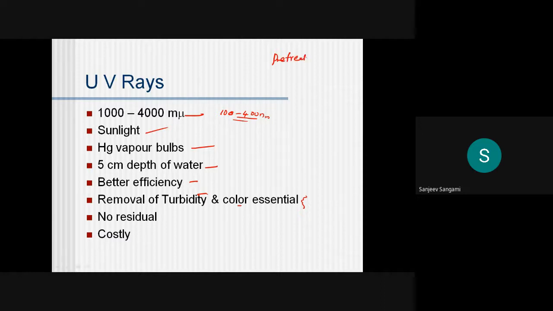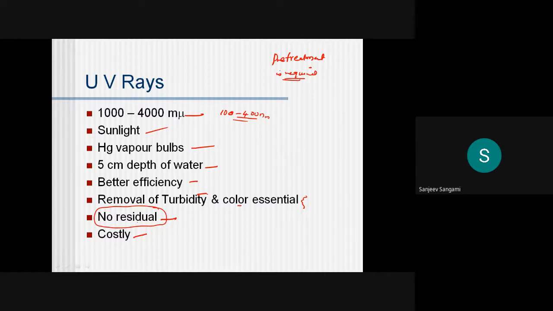Pre-treatment is required. Then there is no residual, and it is also costly. One more disadvantage is that even if further contamination happens in the distribution pipelines or network, just like chlorine, we cannot leave UV rays as a residue to prevent further contamination.